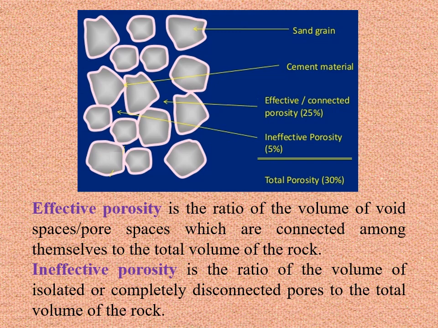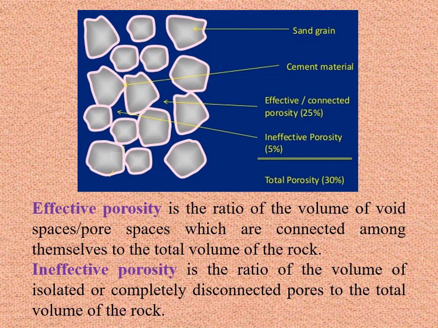But on the left side, you can see a pore space where this pore space is blocked from all sides. That is, here a pore space and empty space is there, but if any fluid occurs there, that fluid cannot be moved in any direction because all the sides are blocked.